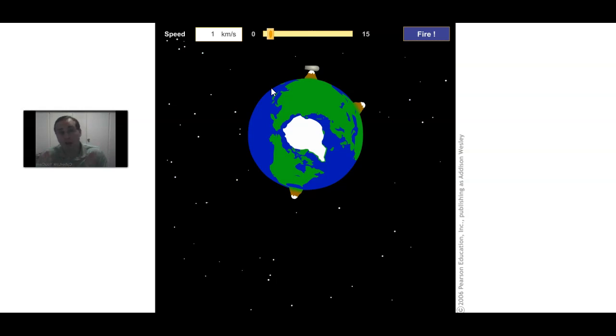But note that if you fire it off of a very tall mountain with a very large initial velocity, say 1 kilometer per second, so we're talking 1,000 meters per second, it could actually have a substantial parabola shape so that it moves over a certain curved portion of the Earth.